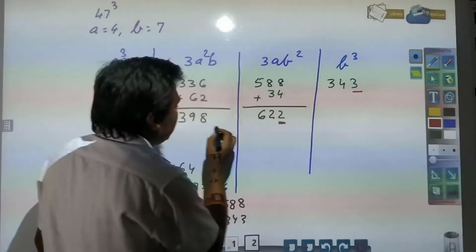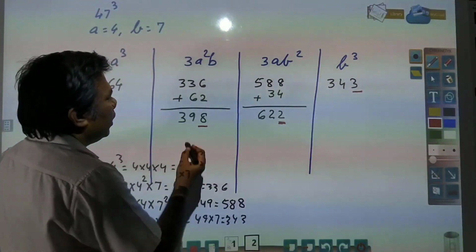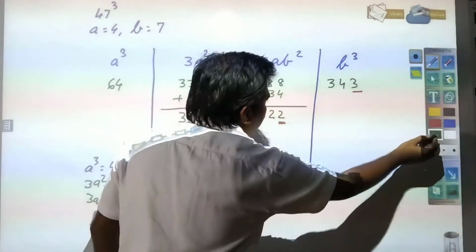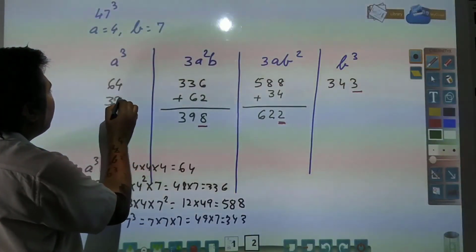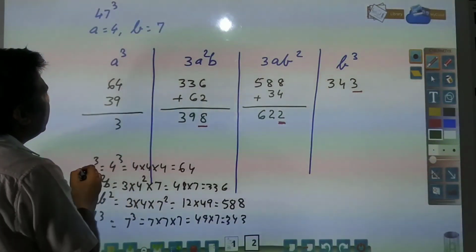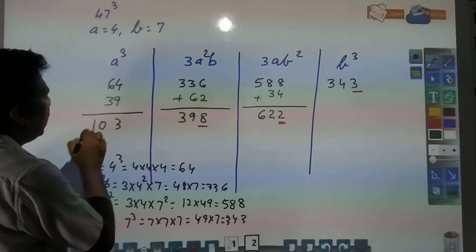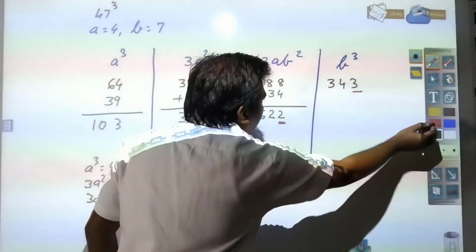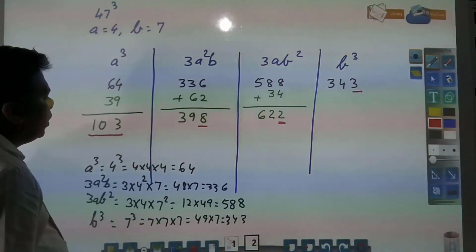This ones digit is required to be underlined, and 39 is required to be written here and required to be added. So this is 13, 6 and 3 is 9, and 1 is 10, and at last this is required to be underlined.